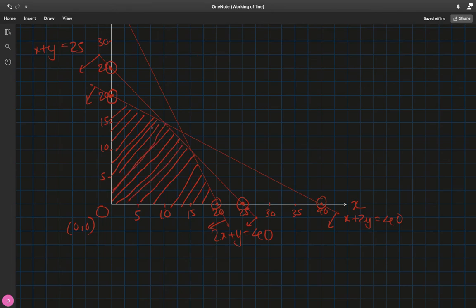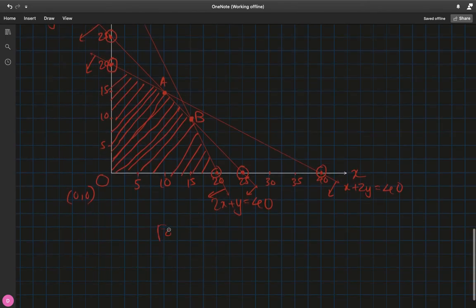Okay, and now what we do, after getting the feasible area, is look at these boundary intersection points. So call this point A and call this point B, and you can deduce by looking at the graph, or you can solve simultaneously the equations for these two lines.